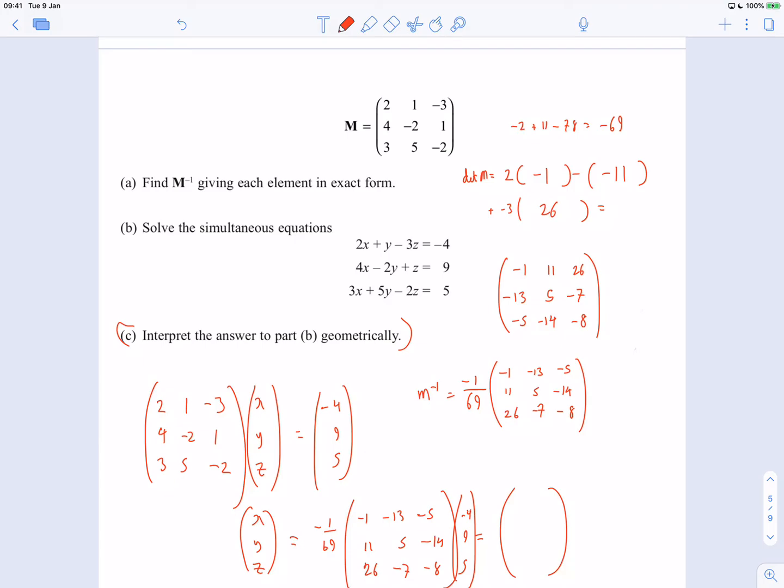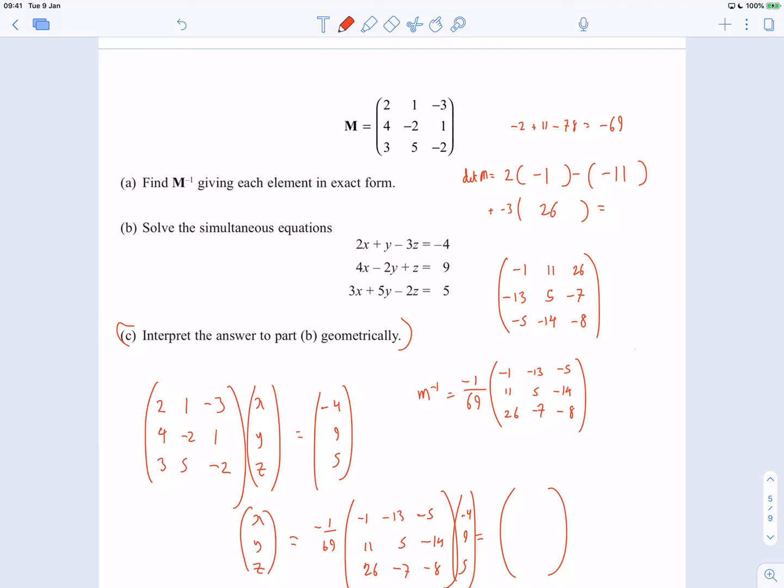And the next element is minus 26 over 69, and then positive 7 over 69, and then positive 8 over 69. And I want to multiply this by a 3 by 1 matrix, where that is minus 4, 9, 5.